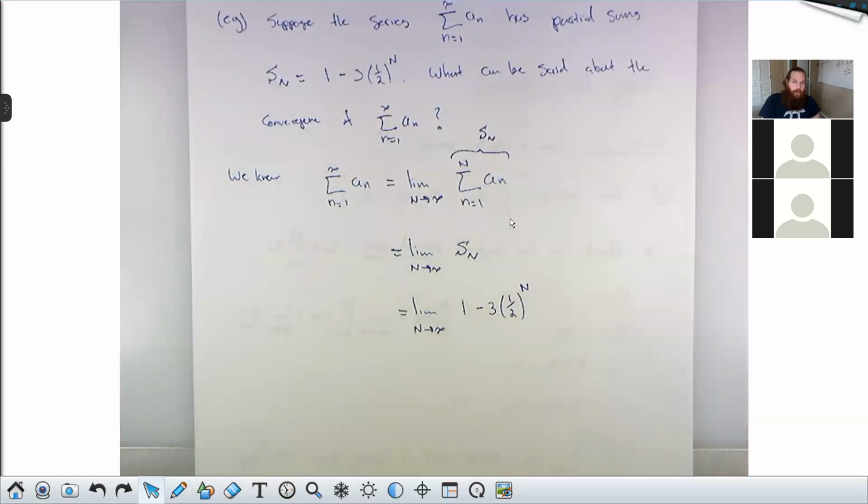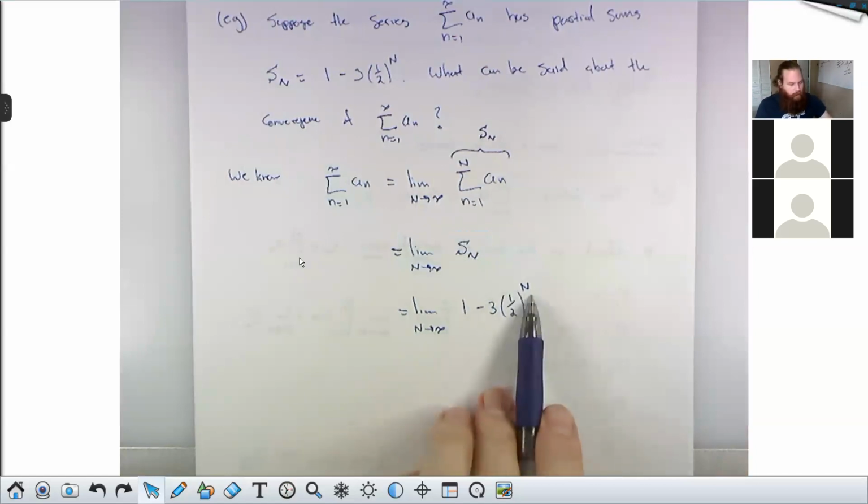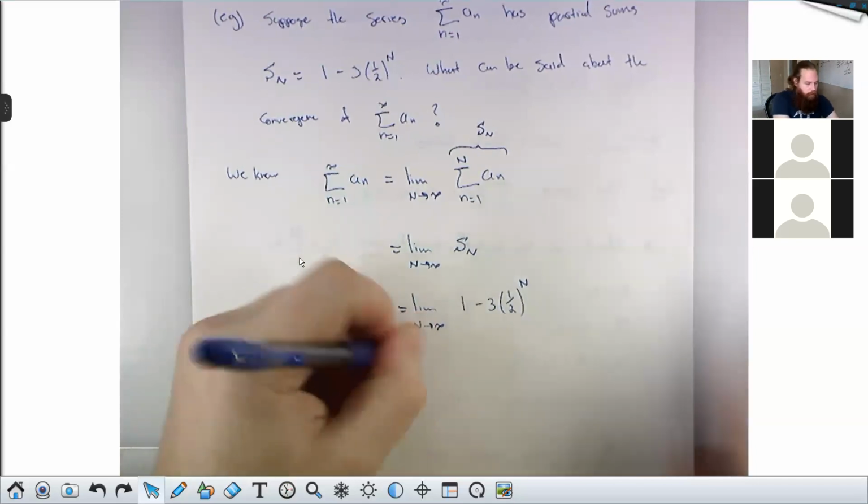So if you have a formula for the nth partial sum, you can figure out your series by taking the limit of that partial sum. Notice this is an S_n, not an a_n. That's a big deal. S_n and a_n are not the same thing at all. But now this guy, as capital N goes to infinity, 1/2 to the capital N goes to 0.